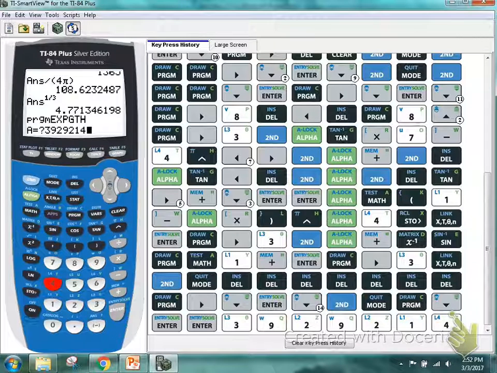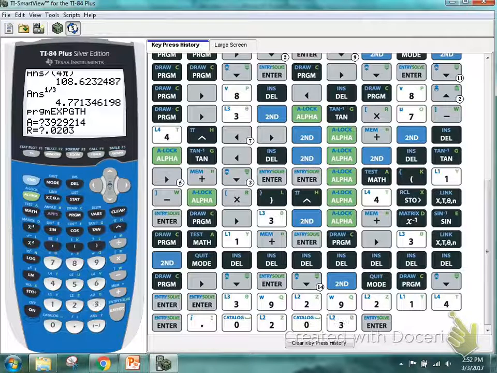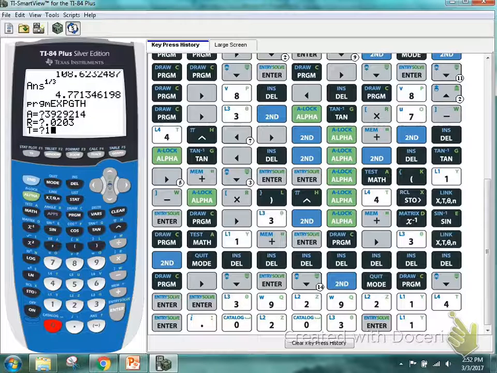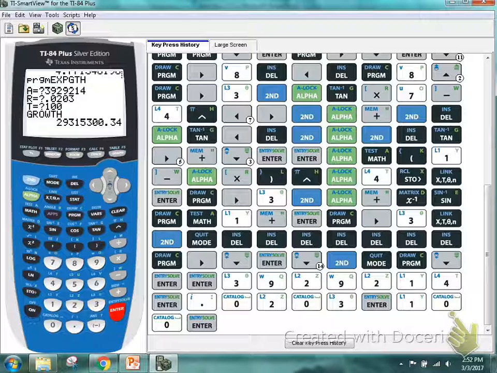Right? Yes. Great. Enter rate 0.0203. Enter T 100. Enter the growth. That's what I got. Okay.